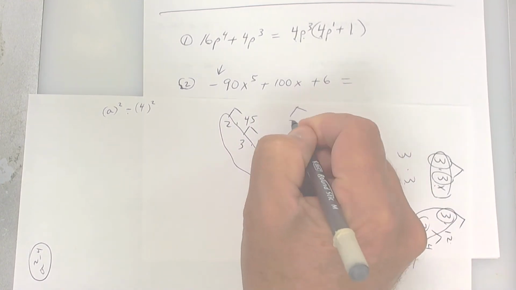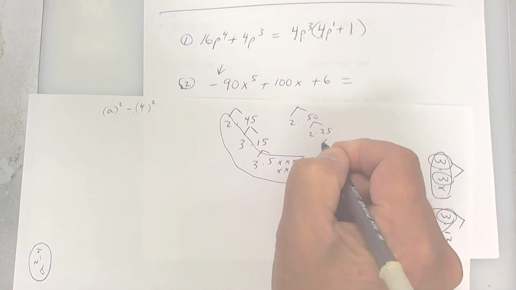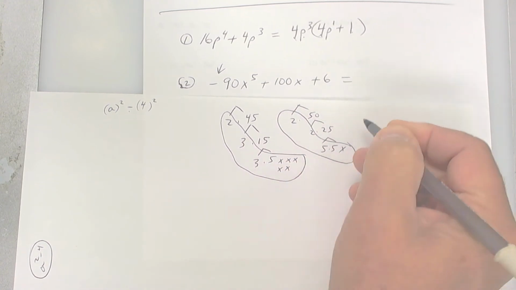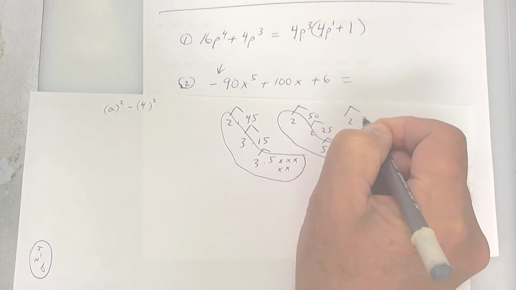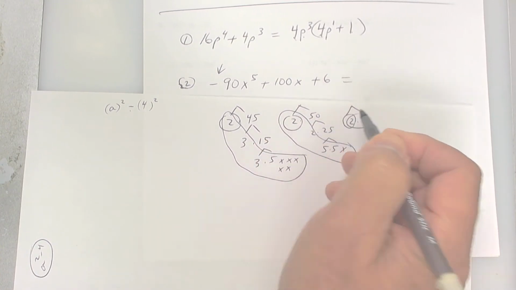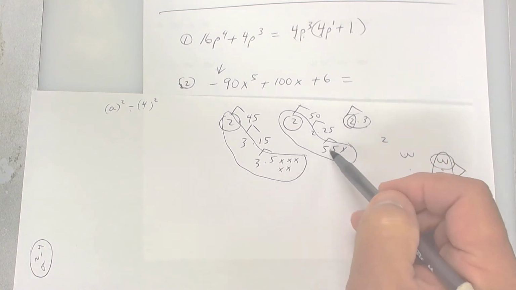This one is going to be 2 times 50, 2 times 25, and then 5 times 5, and then an x. This one's going to be 2 times 3. So really, all they have is a 2 in common, and they don't even have a 3. This one doesn't have a 3.